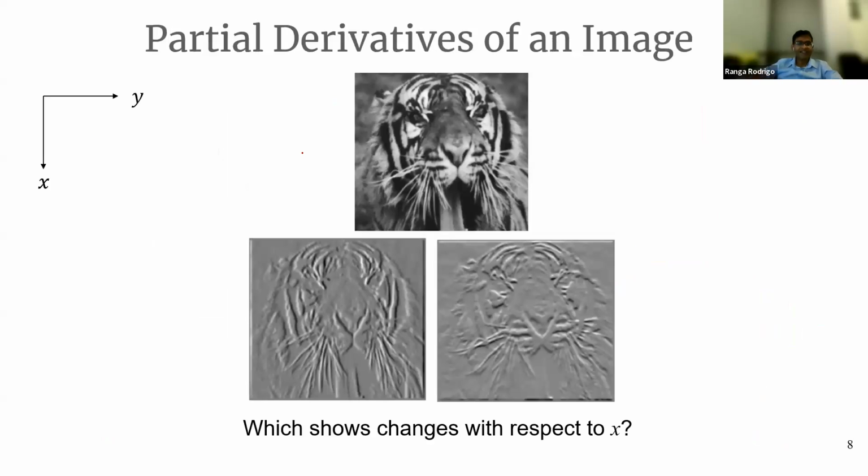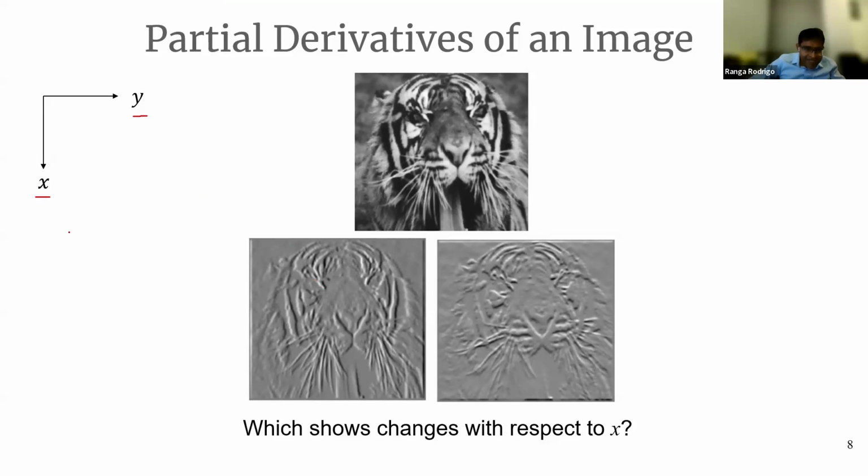Okay. Here is an example question for you. So, partial derivatives of an image. So, question for you. The x direction is this one, the y direction is that one.